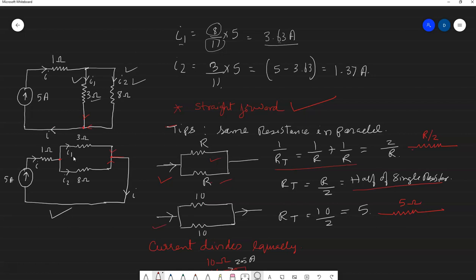Take this as an example. To find the equivalent resistance, you have the parallel branch with the same resistor, 10 and 10. So the equivalent resistance will be 5. You end up replacing these parallel resistors with the corresponding equivalent resistor, like 5 ohms here, like I have shown here as well. The equivalent resistor is R by 2.